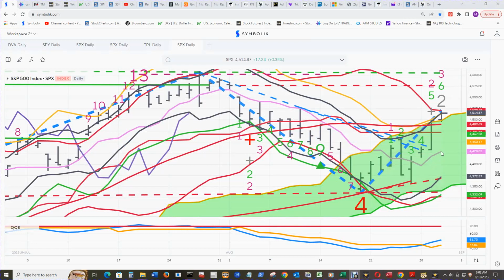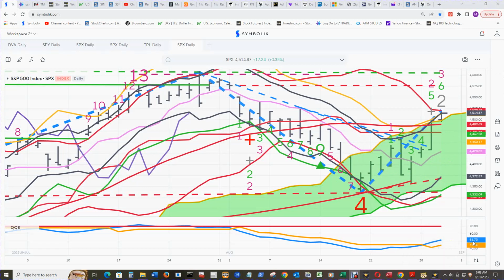And the conversion line is racing back up to meet the Ichimoku baseline, which has been going flat for several days. So maybe it can meet that up there and exceed it. That would be another good sign of strength. And the QQE is on a nice upwards trajectory.